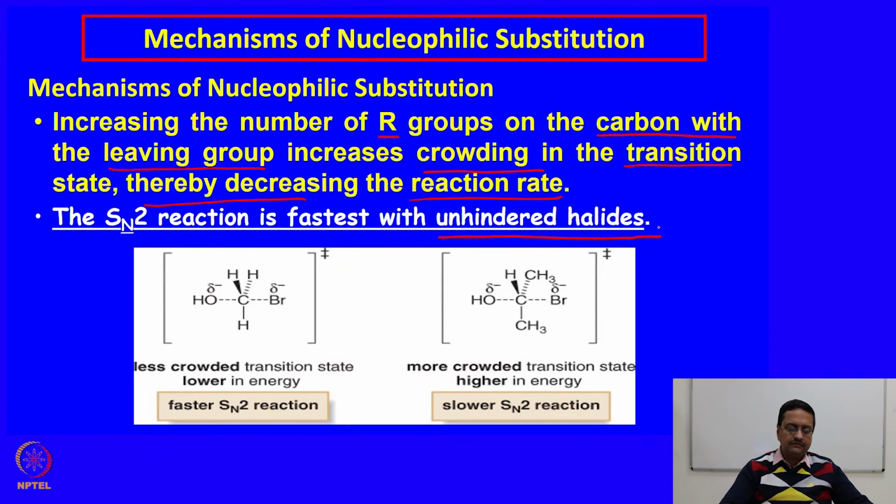That means for 1 degree and methyl halides you will have a very high possibility or higher rate of SN2 reaction, but when you have 2 or more methyl groups on the transition state that would be formed due to the backside attack of the nucleophile, then the reaction rate for SN2 reaction is much slower.